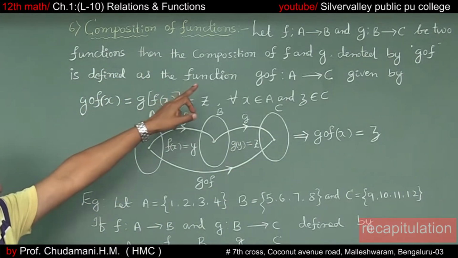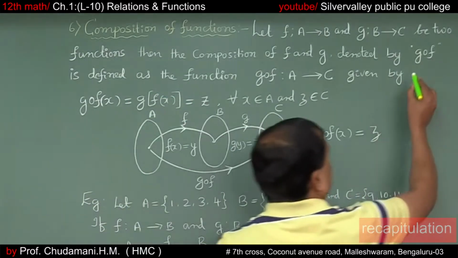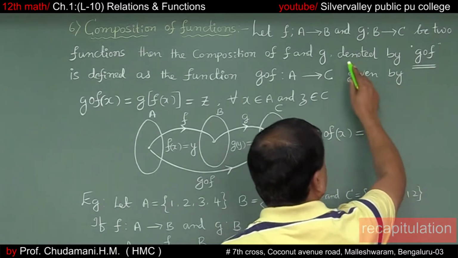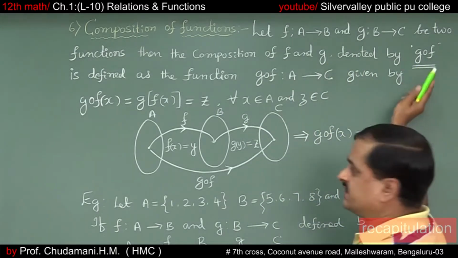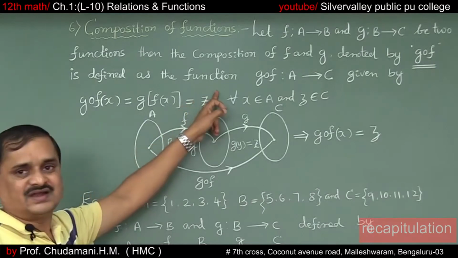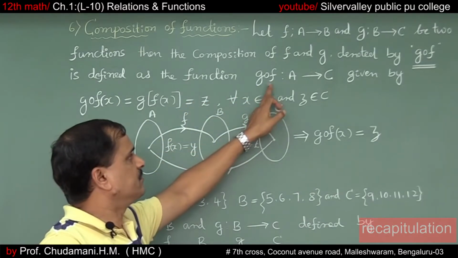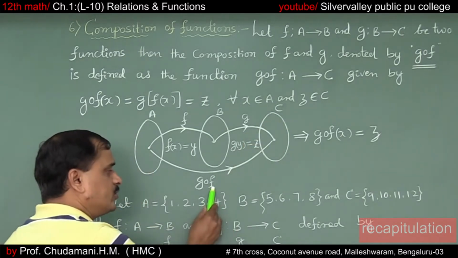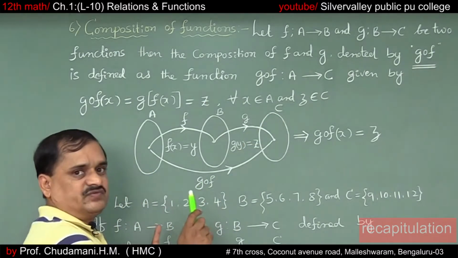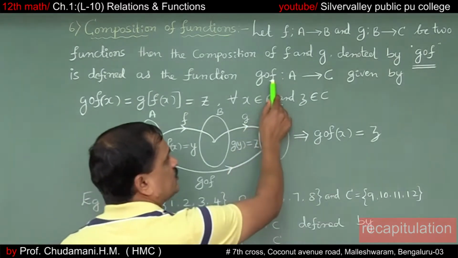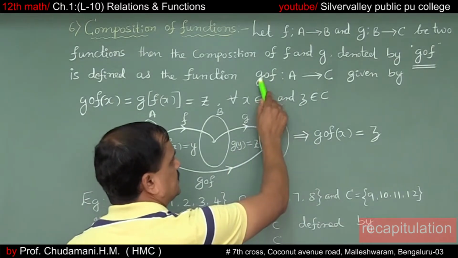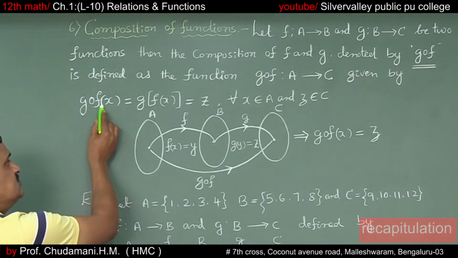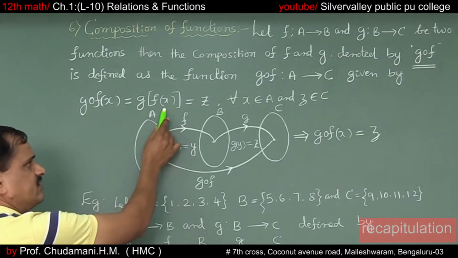Then the composition of f and g is denoted like this, g o f, and is defined as g o f from A to C. We read it as composition of f and g, which can be written as g of f of x.